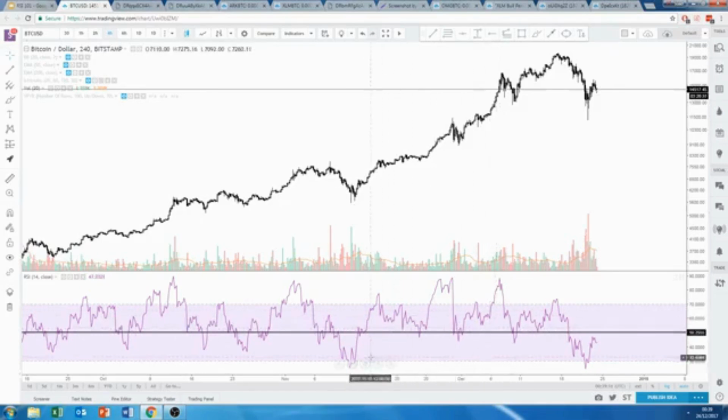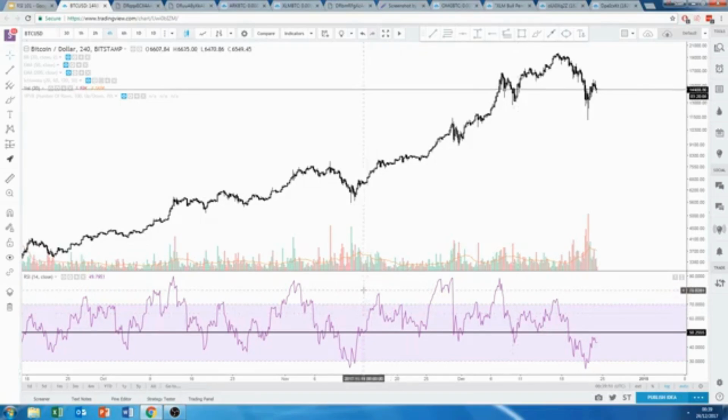As you can see from mid-November, all these peaks and troughs, or most of the RSI lines, are above the 50 level, and the only exceptions are these little dips here. But it does not compare anywhere close to how much RSI action is happening above the 50 level. So this tells me that the bulls are in control.